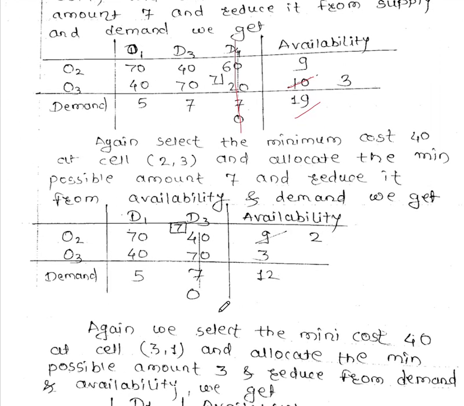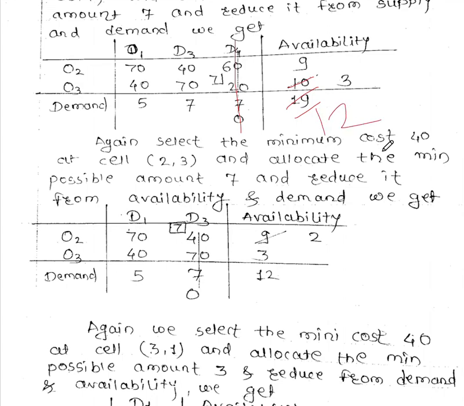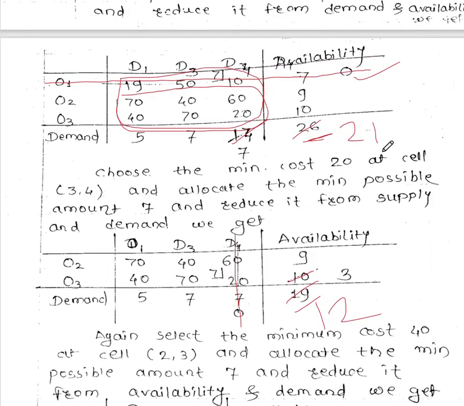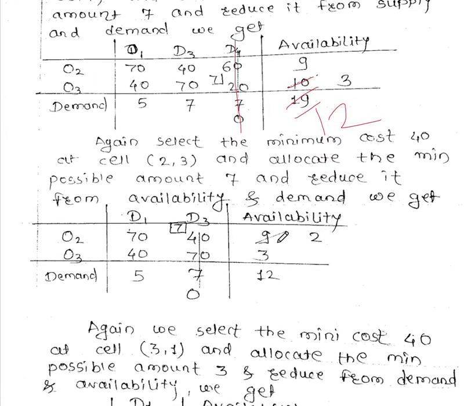Here we have to allocate at the smallest element. Only 12 will remain here, 19 minus 7, that is 12. So the total remaining is only 19. What are the next steps? Here we have 70, 40, 40, 70.